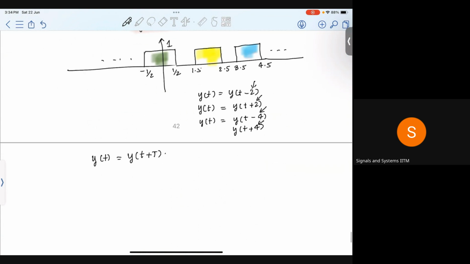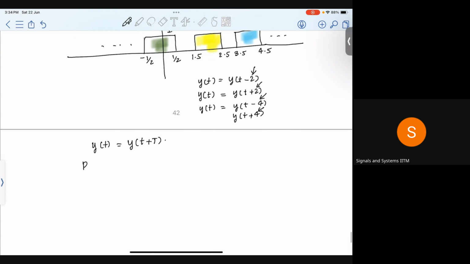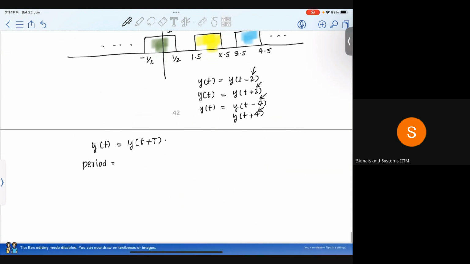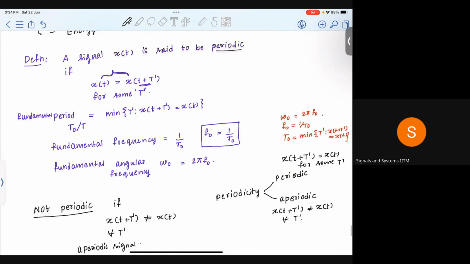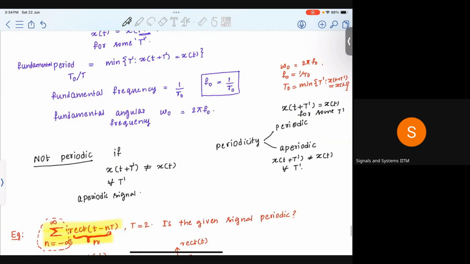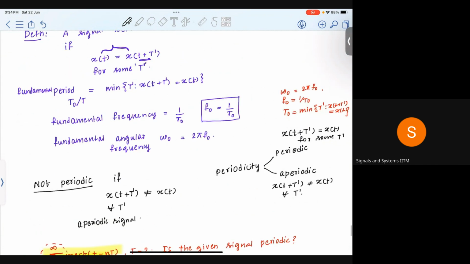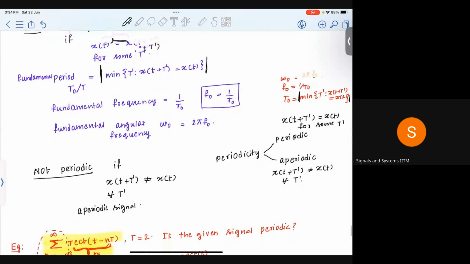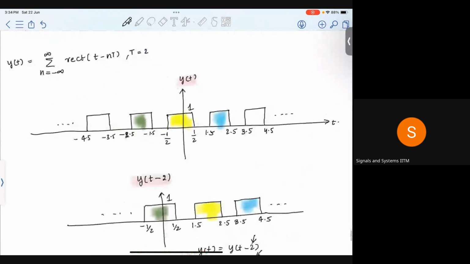And what is the period? I think I made a small mistake in the definition of the period. Period should be the mod of the minimum. So what is the period here?